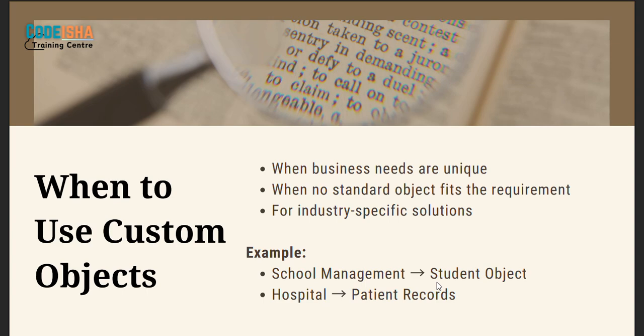So when our business requirements are not matched or not satisfied with the standard objects, that time we need to use the custom objects. Okay, so see the example like school management, like student object, session object or attendance object. And hospital patient records, lab records, payment records. So these are all custom objects, whenever we are not satisfied with the standard objects, as per our business requirement needs.